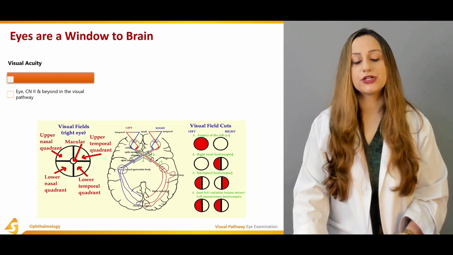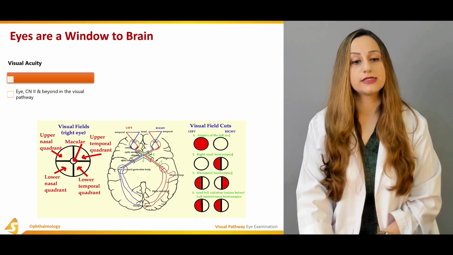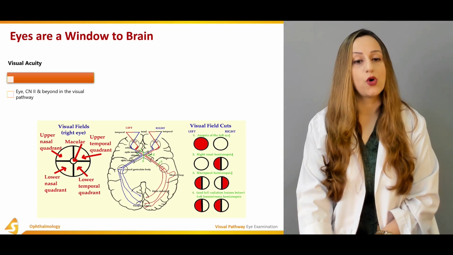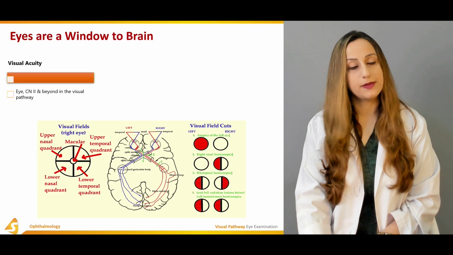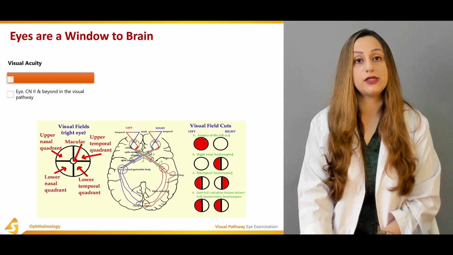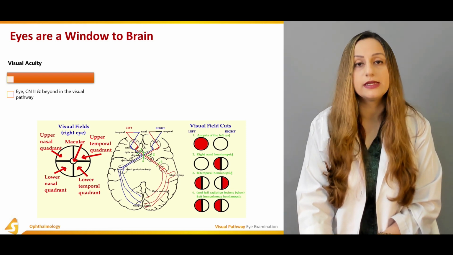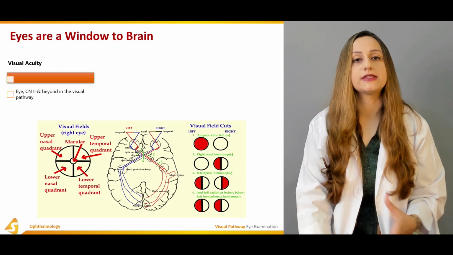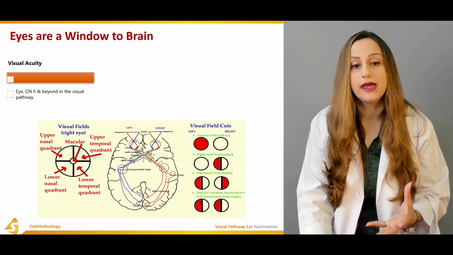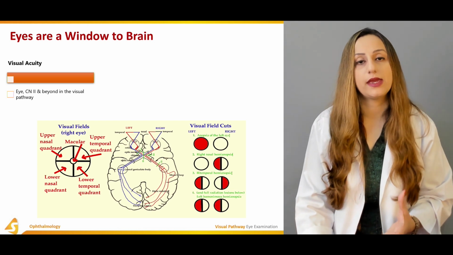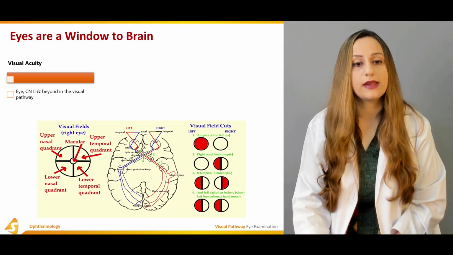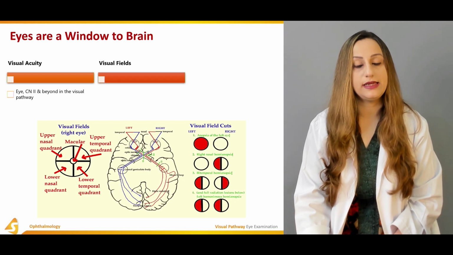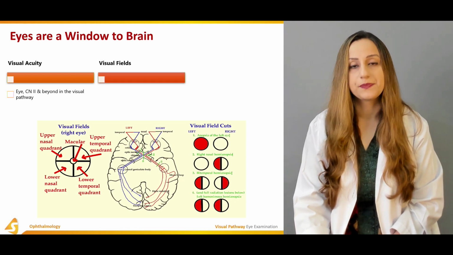The eye is particularly tested, and of course the second cranial nerve and beyond is the visual pathway. So whenever we are testing visual acuity in a particular person, the second cranial nerve, the structures of the eye, and the visual pathway are all being tested.